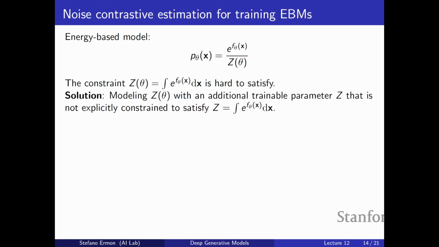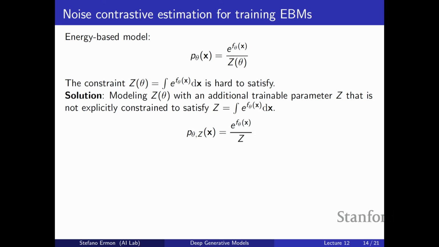And so what we're going to do is treat z as an additional trainable parameter. So not only are we going to optimize f theta, but we're going to treat z itself as an additional trainable parameter, which is not explicitly constrained to take the value of the normalization constant. It's just some other scalar parameter that we can optimize over.